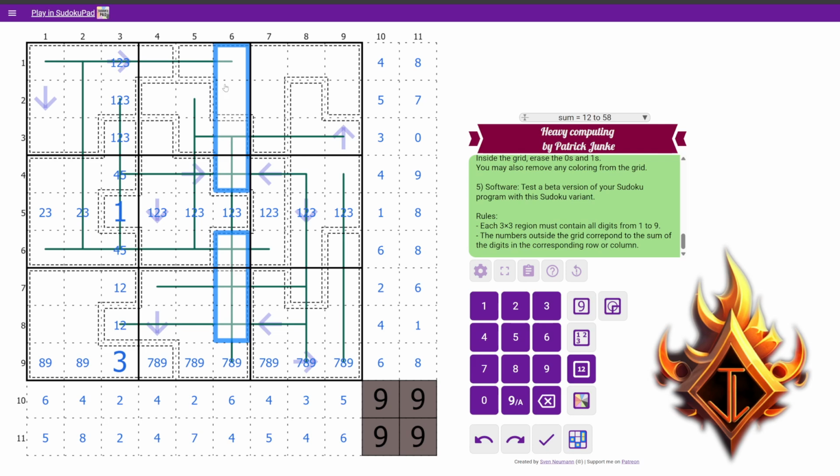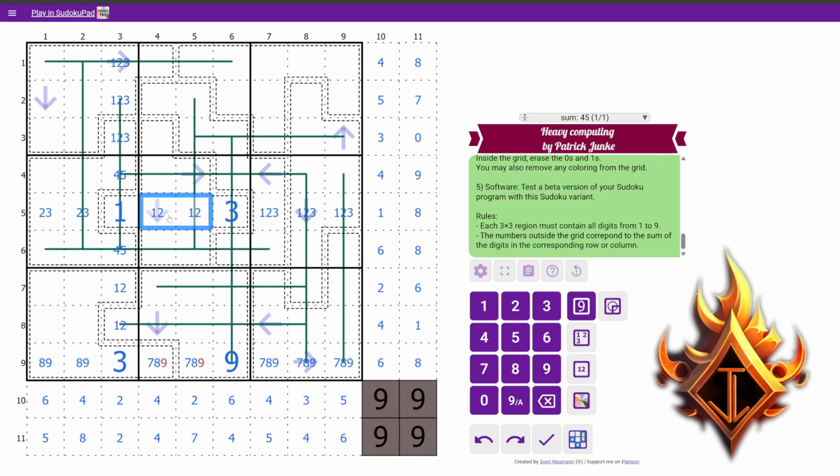If we max out all of these cells, the highest they can be, then we have to have 12 still. And the only way we can reach 12 with those two is if we max them out as well. So that has to be 9, 3. And these were 5, 6. These were 8, 9. And these were 7, 8, 9.